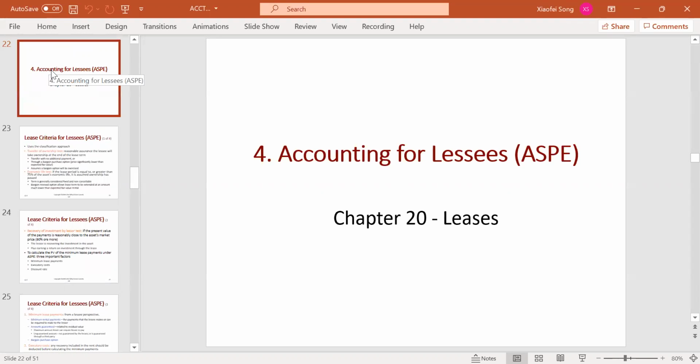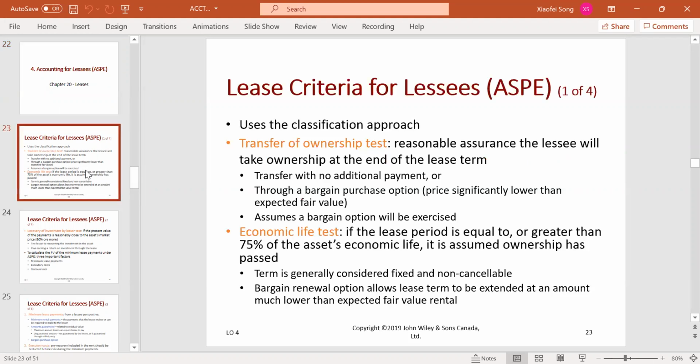Accounting for lessee under ASPE. So remember, just to refresh you, under IFRS, if a contract contains a lease, then it's a lease contract. All lease contracts except the short-term and low value are capitalized. That's a nutshell, right? That's called the right of use approach.